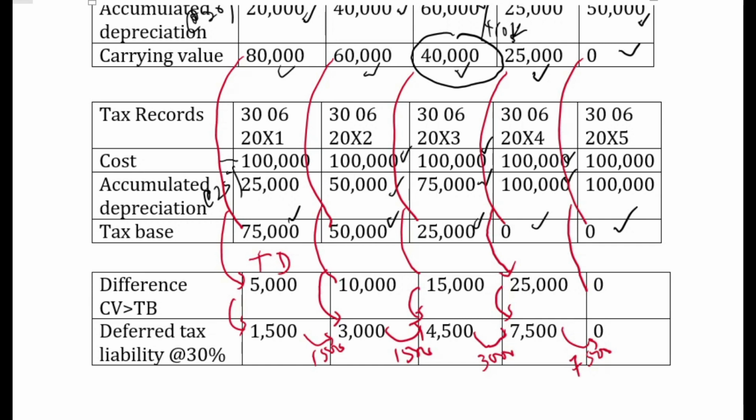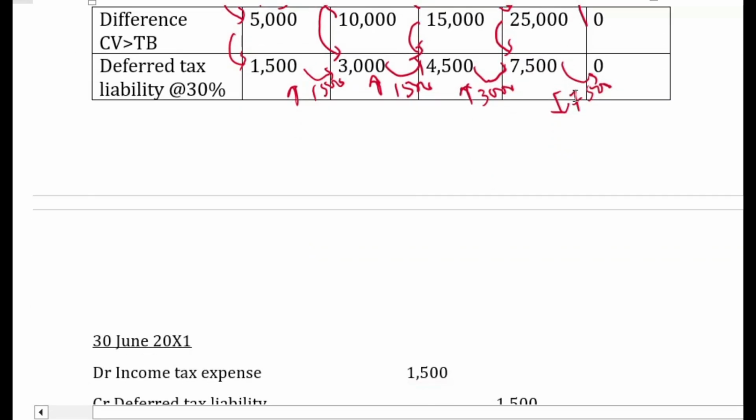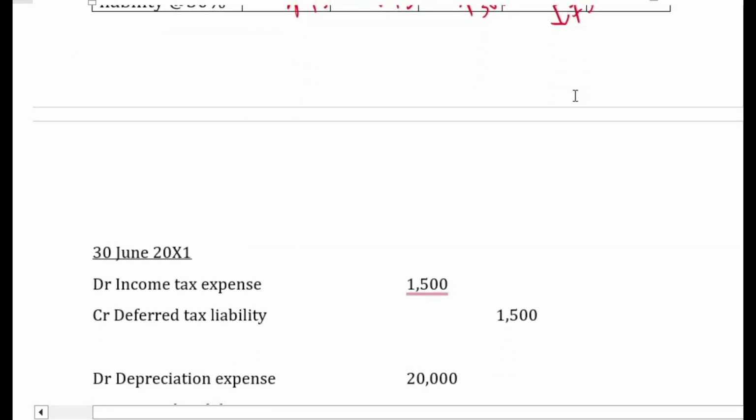So this is increase, increase, increase, and then decrease. So let's look at the journal entries.